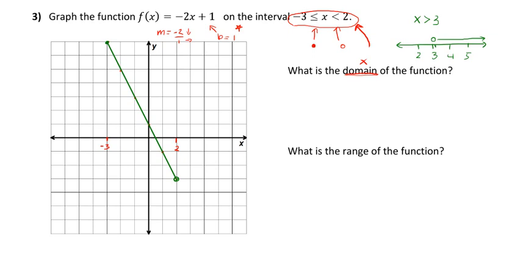So that will be the domain. The domain are all the values of x between -3 and 2, including the -3, excluding the +2. That's the domain.